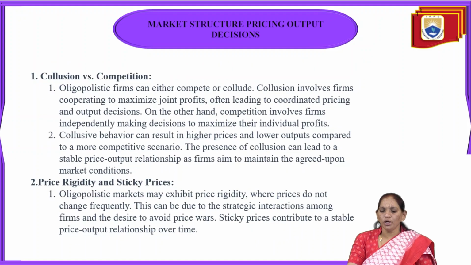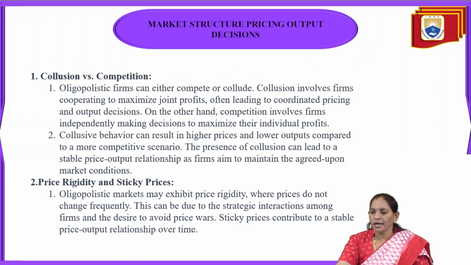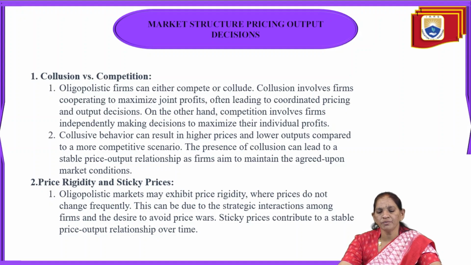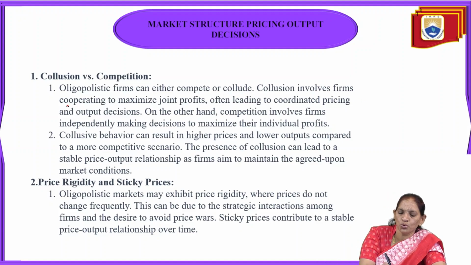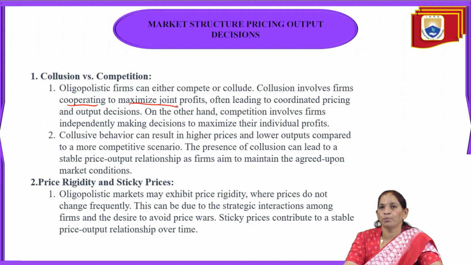In the oligopoly market, we are able to identify collusion versus competition. Oligopolistic firms can either compete or collude. Collusion involves the firms cooperating to maximize joint profits.